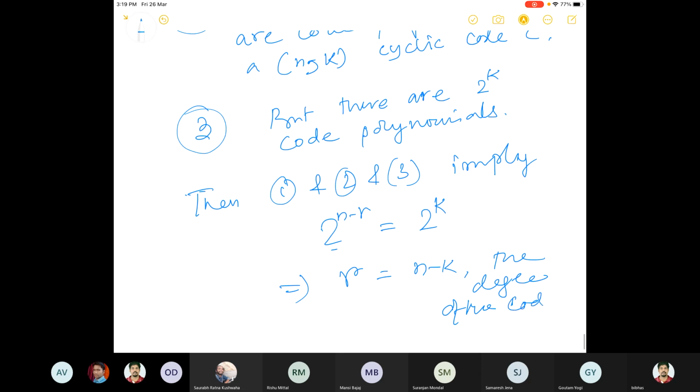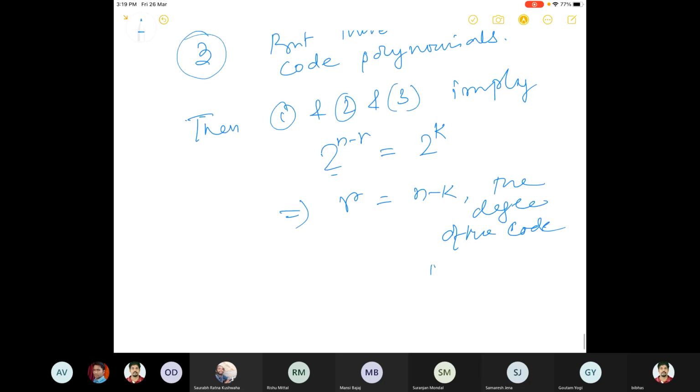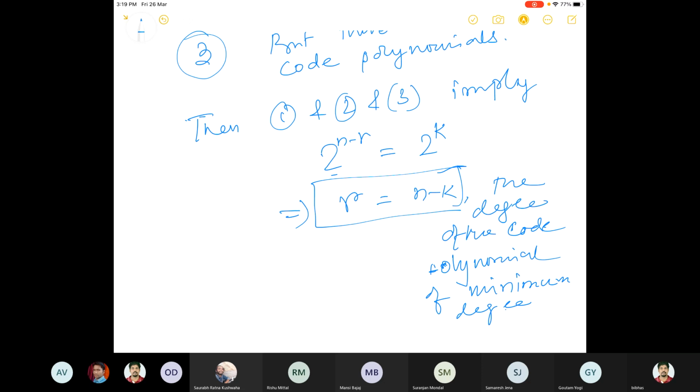The code polynomial of minimum degree. So now we know what r is. If you want to construct an n, k linear code which is a cyclic code, we already know the minimum degree has to be n minus k.